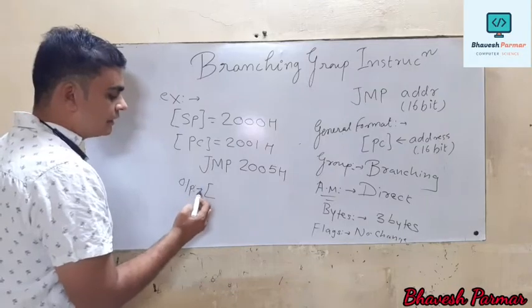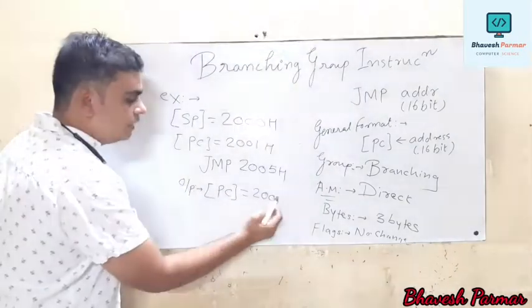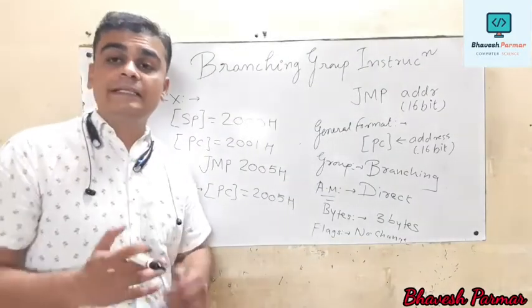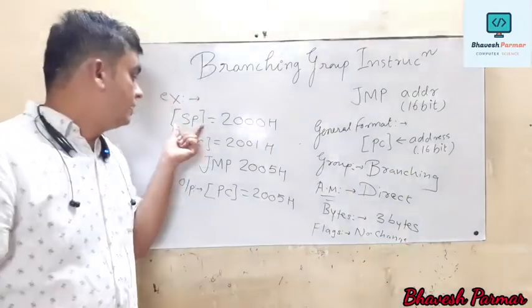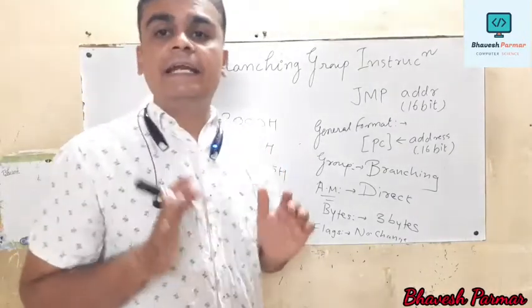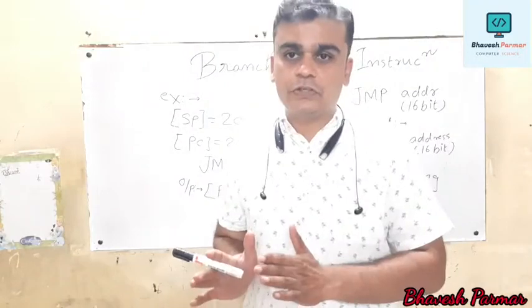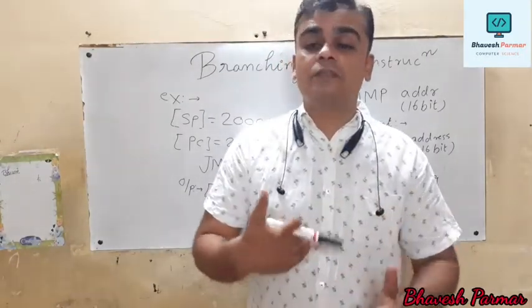In the output section, I write down content of PC is equal to 2005H. Now, how does this impact the instruction? Content of SP is 2000, and traditionally after executing the instruction at memory location 2000, I have to move on to memory location 2001.